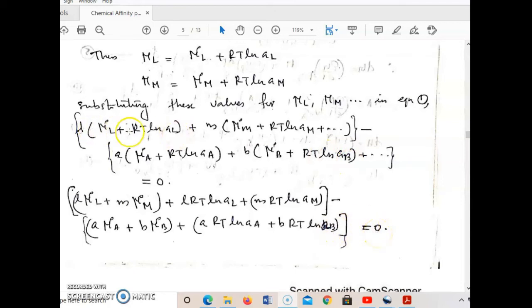We have just opened the brackets and collected the mu 0 terms of products and the mu 0 terms of reactants together.